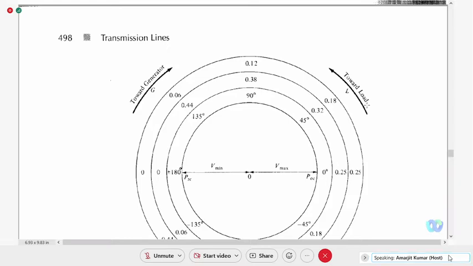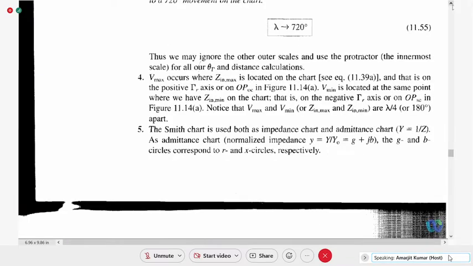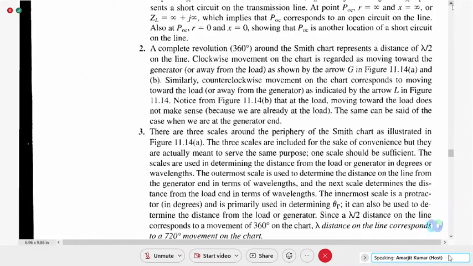When we are already at the load, how will we move toward it? So moving toward the load does not make sense because we are already at the load. Similarly, when you are at the generator end and make a clockwise movement, that does not make sense because you are already at the generator.